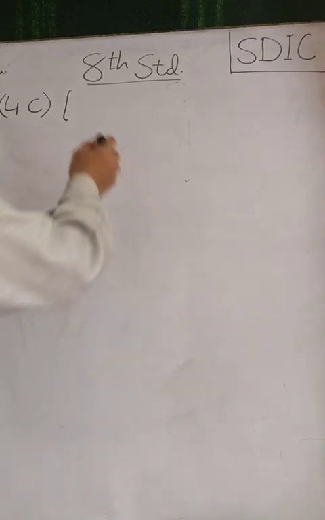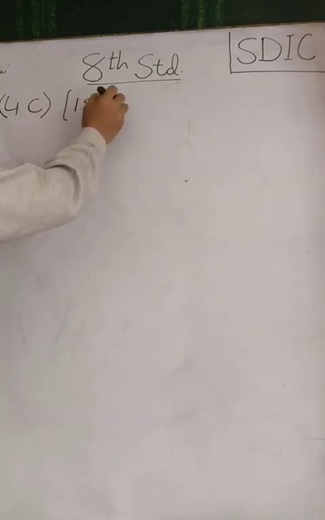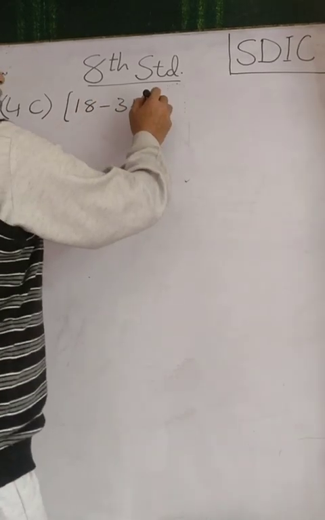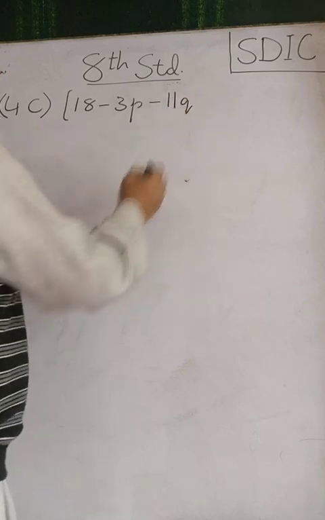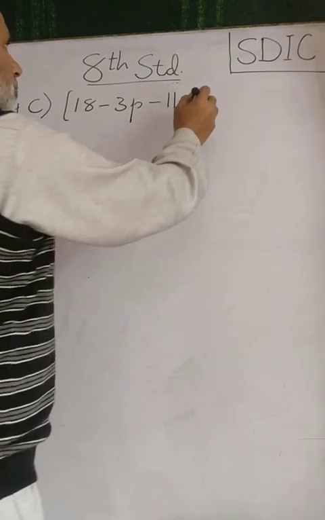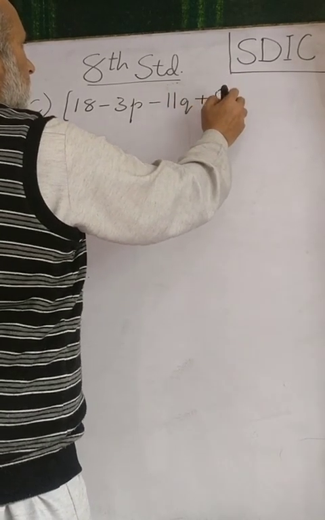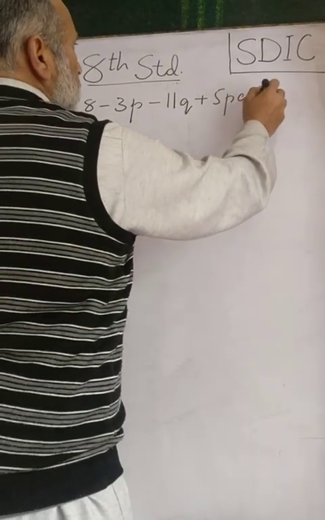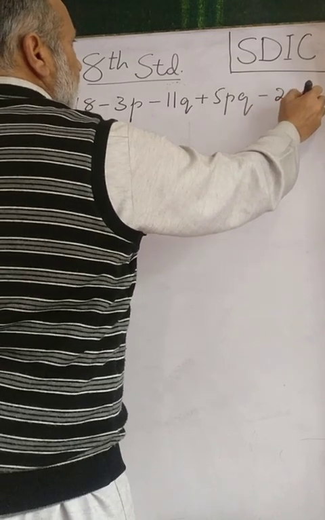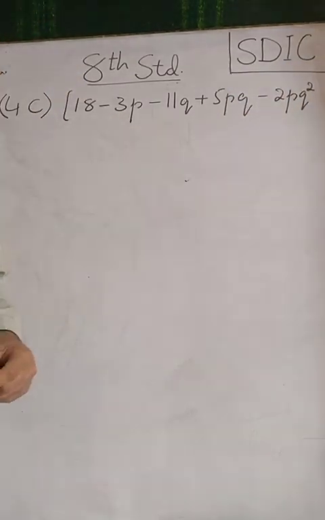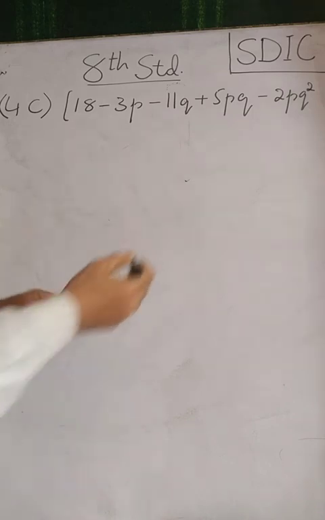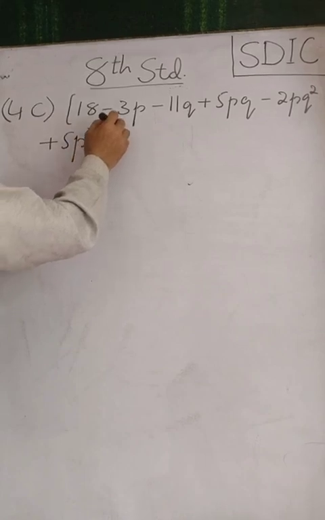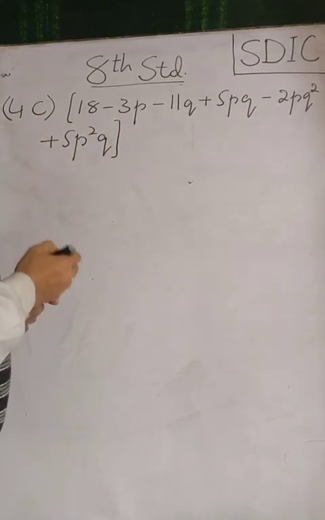It is 18 minus 3p minus 11q plus 5pq minus 2pq square plus 5p square q. Here we close the first bracket because this is the expression after "from".